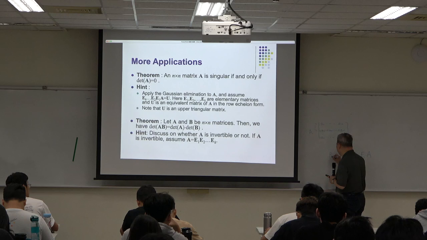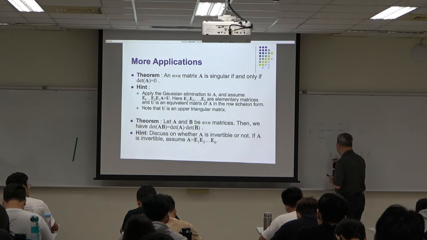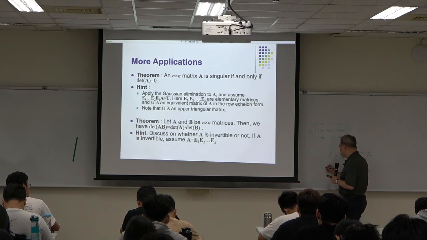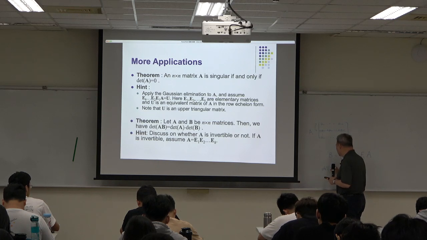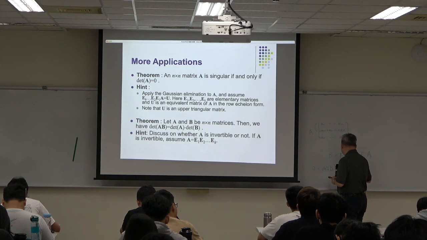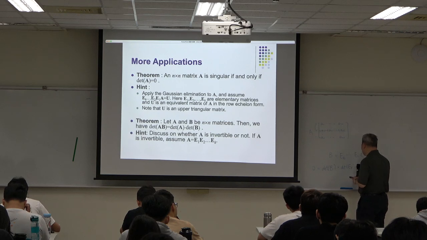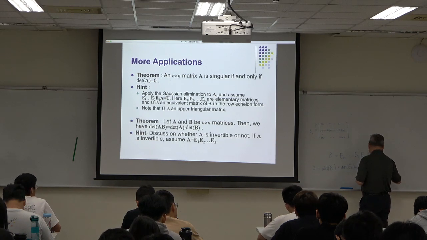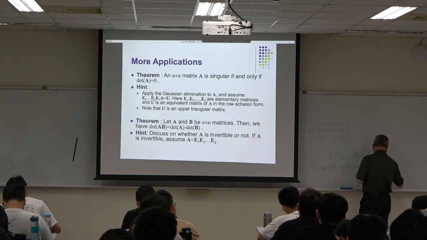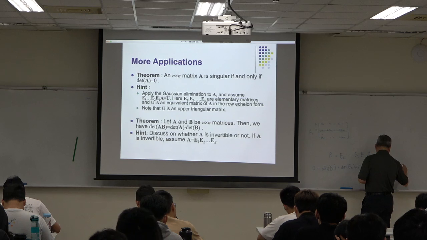Let's say that one is your B. Then, according to the previous discussion, the determinant of B, which is 0 obviously because you have some row to be 0, is going to be the determinant of EK, determinant of EK minus 1, ..., determinant of E1, times the determinant of A.